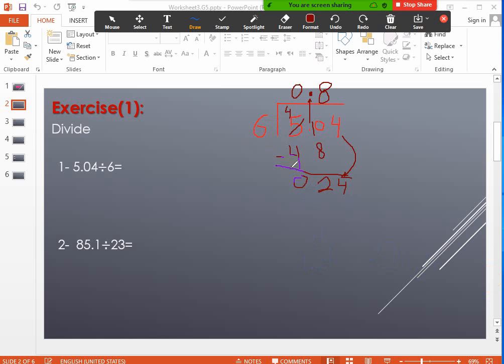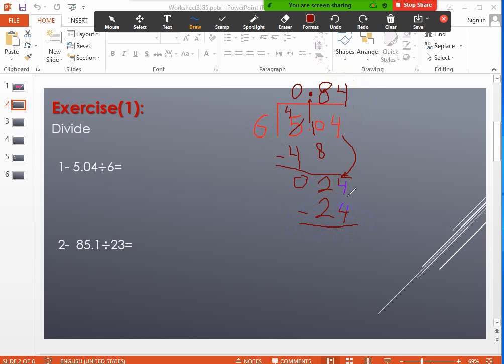Which number, if I multiply it by 6, will give me 24, Fatima? 4. 4 multiplied by 6 equals 24.